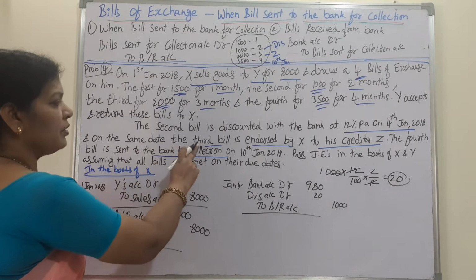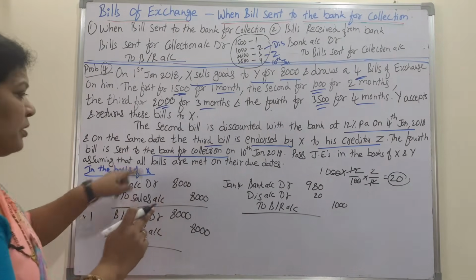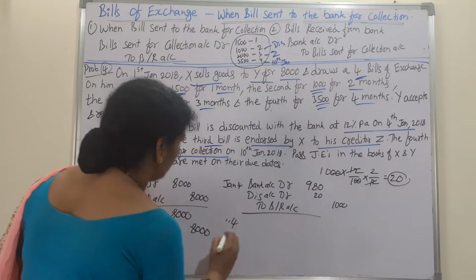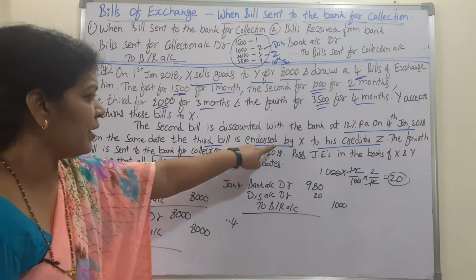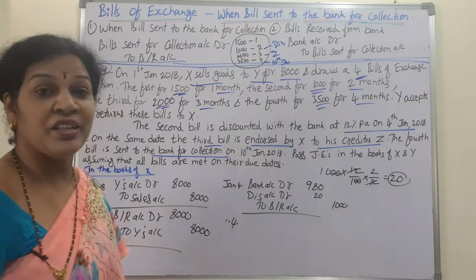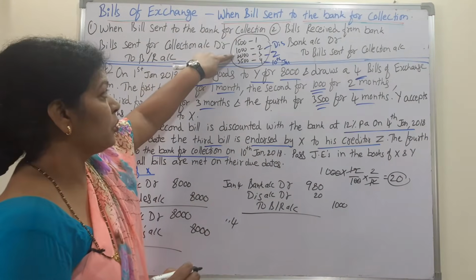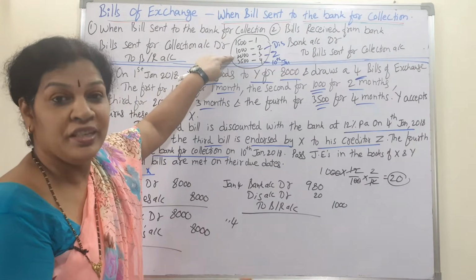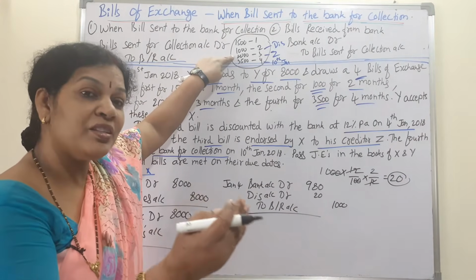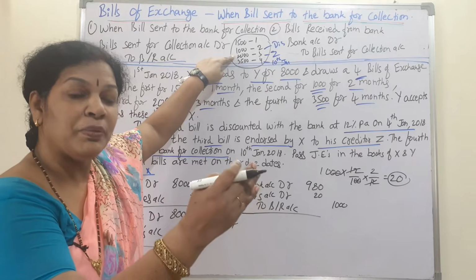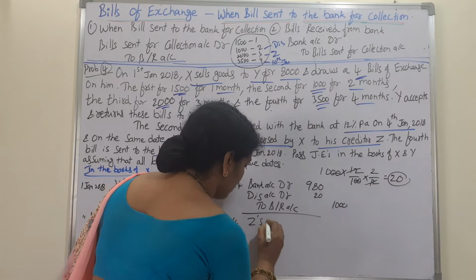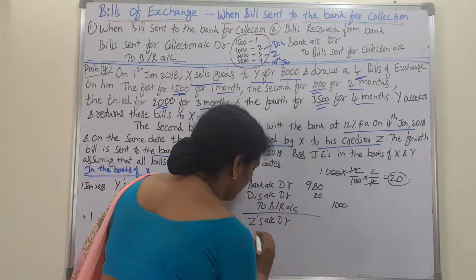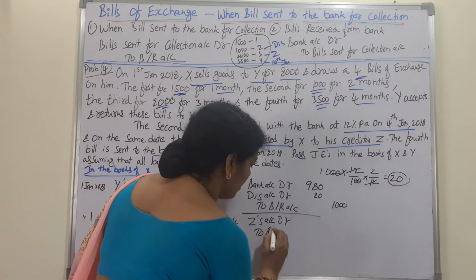Then after that, on the same date, January 4th, the third bill is endorsed by X to his creditor Z. The third bill, the 2000 bill, is endorsed to Z. When endorsing to someone, the endorsee's account, Z, who is receiving, is debited to bills receivable account.